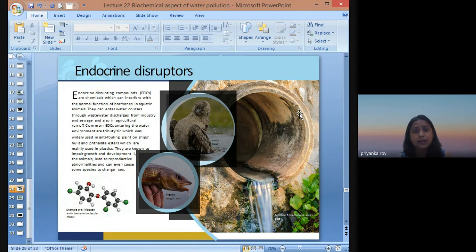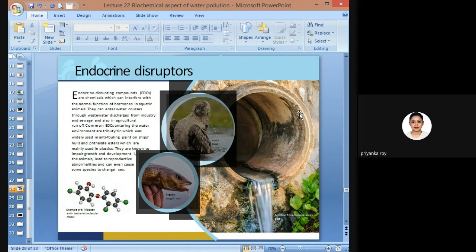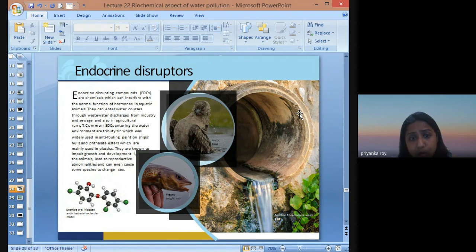Endocrine disruptor compounds are chemicals which can interfere with the normal function of hormones in aquatic animals, and they can enter water sources through wastewater discharge from industry, sewage, and agricultural runoff.